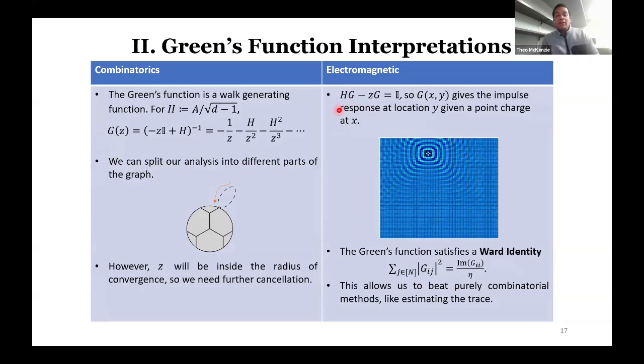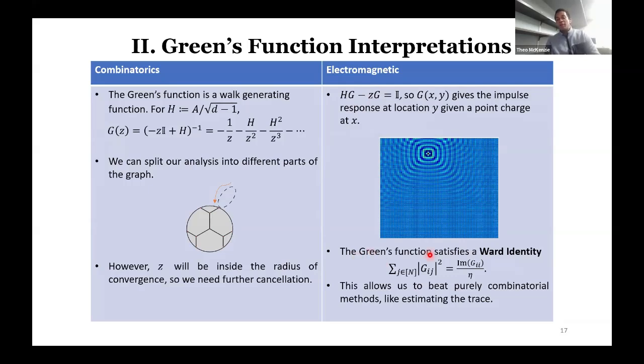And this is going to be this electromagnetic interpretation. Basically the idea here is just that the Green's function is like we're trying to solve the eigenvector equation. So we're trying to find an eigenvalue for something outside of the spectrum. And what this means is that G gives some kind of amalgamation of eigenvalues which are very close to whichever z we care about.